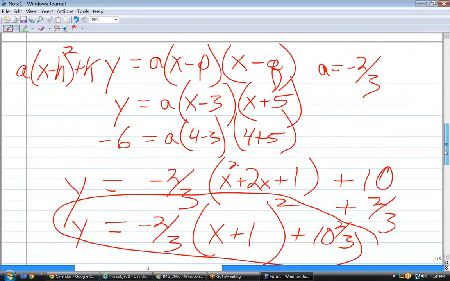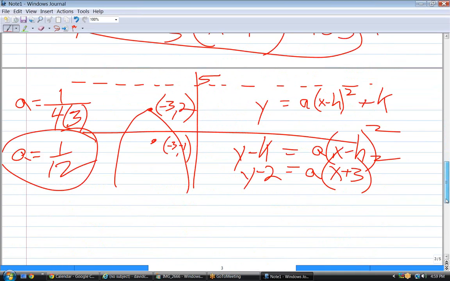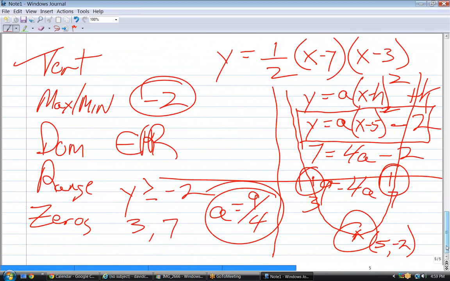No, we didn't have the vertex here. We got it into a polynomial, but we never did solve for the vertex until we got it into vertex format. And the only way I was actually able to get it into vertex format was by completing the square, and then we had the vertex. So if you have the vertex and it's in X-intercept format, it's not that hard to solve for A.